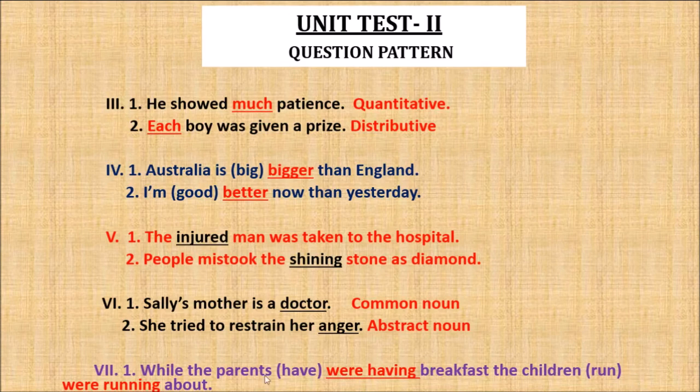Okay, so while the parents were having breakfast, the children were running about. Like this, when we ask you to answer in the correct form of tenses, we have to take this verb and use it in the correct form of tenses to fill the blanks. Okay, children?